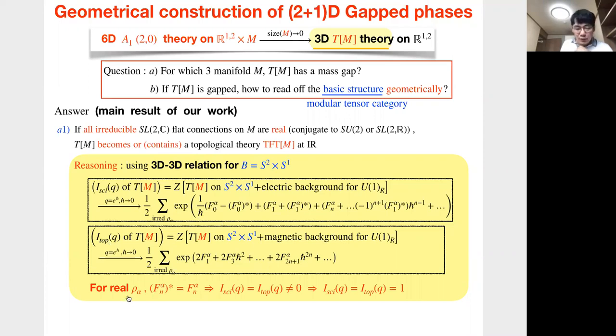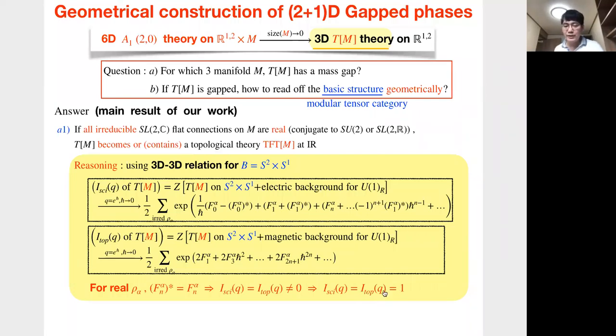So this topological criterion implies, according to the 3D relation, that this theory has a Schur index that is the same as the topological twisted index. But recall that for a generic supersymmetric field theory, the Schur index is an infinite power series. On the other hand, the topological twisted index is a finite Laurent series. The only physical reason that the two quantities become the same is that this theory is a topological theory. In a topological theory, the Schur index trivially becomes 1 because there are no local operators except the trivial identity operator.